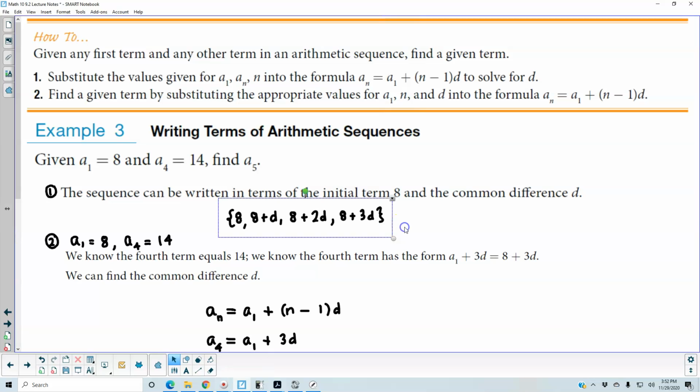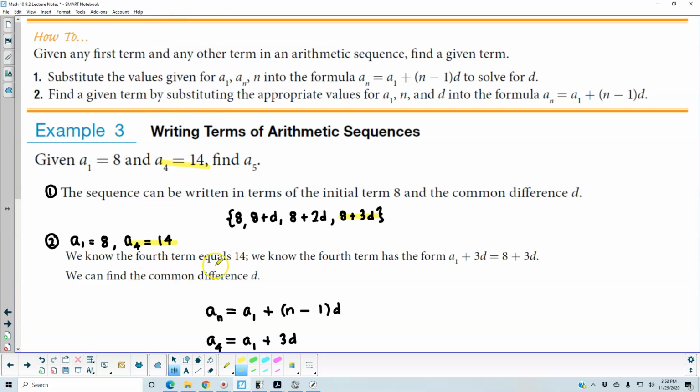So what can we take from this information? Well, we know that the first term is 8. We know that the fourth term is 14. So we can say that a subscript 4, or the fourth term, which is 14, which was given, is equal to 8 plus 3 times the common difference.